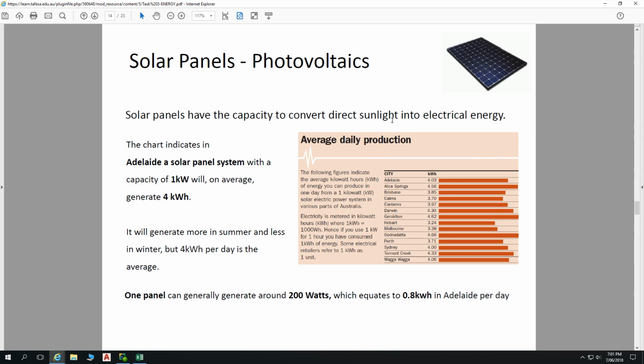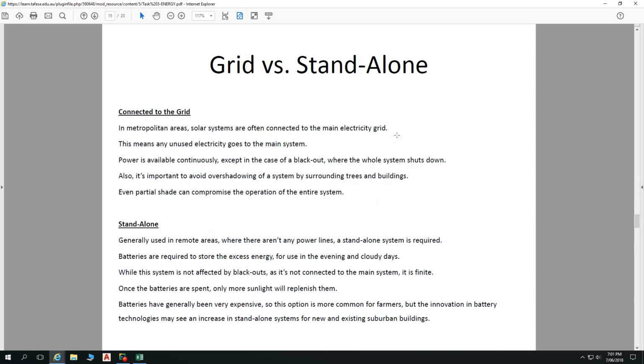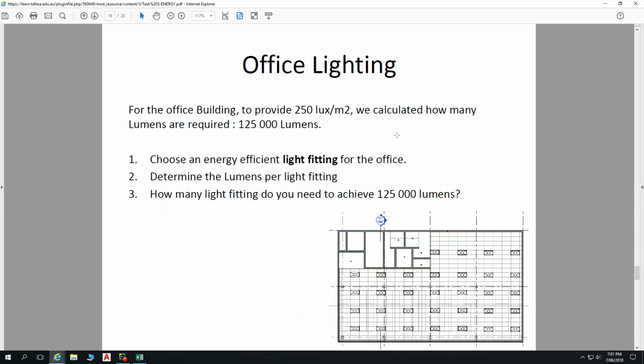So we're also asked in this to have a look at the solar panels, and one of the requirements is to calculate the number of solar panels on the roof. So we'll flick down to the bottom.